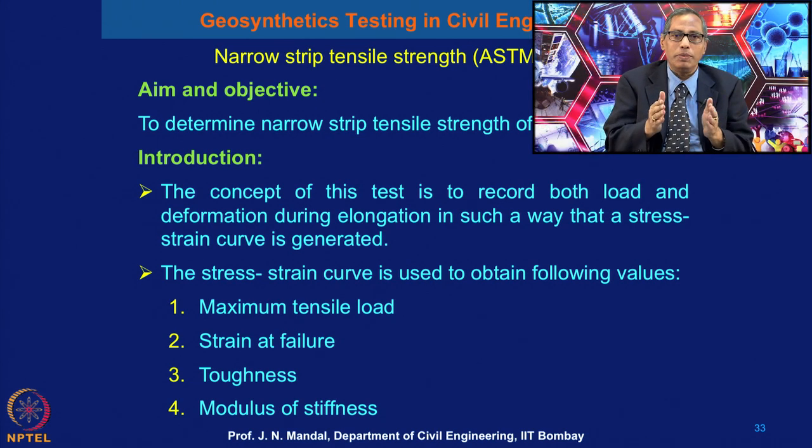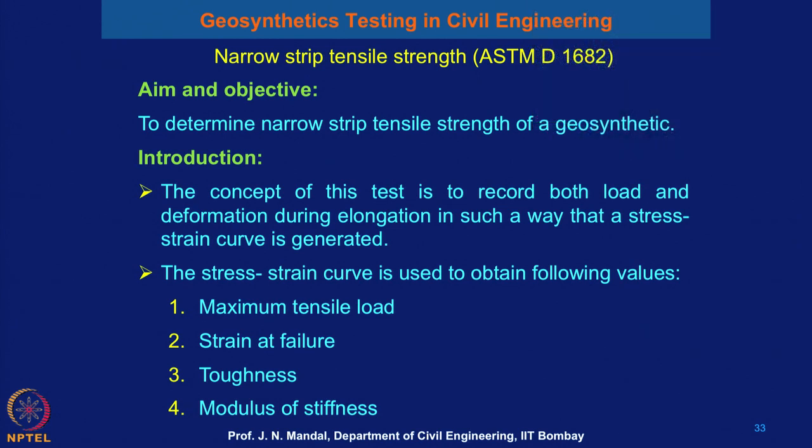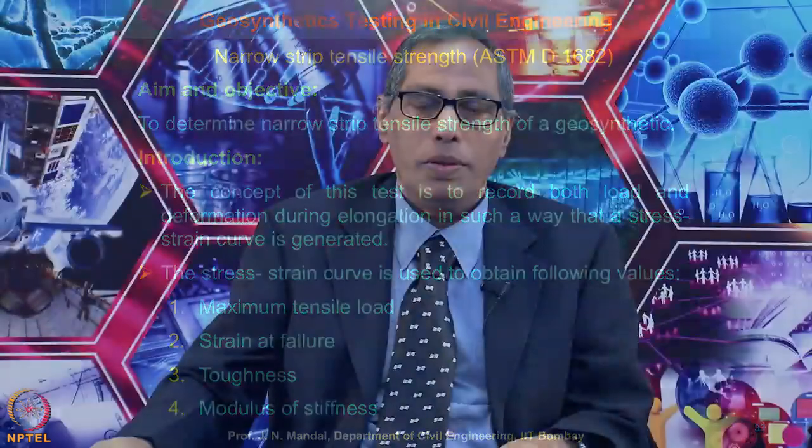The stress strain curve is used to obtain the following values: the maximum tensile load, the corresponding strain at failure, the toughness, and the modulus of stiffness. So, from this test also you can obtain all these values.